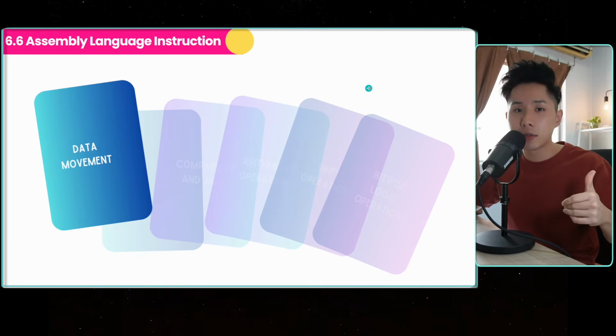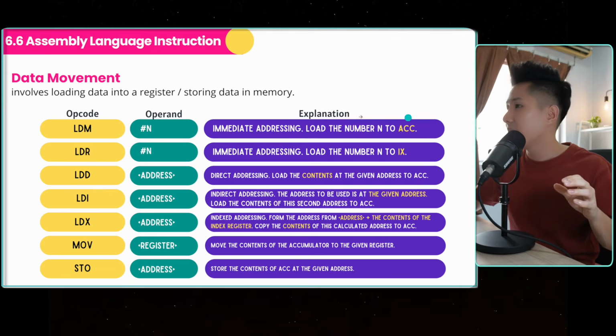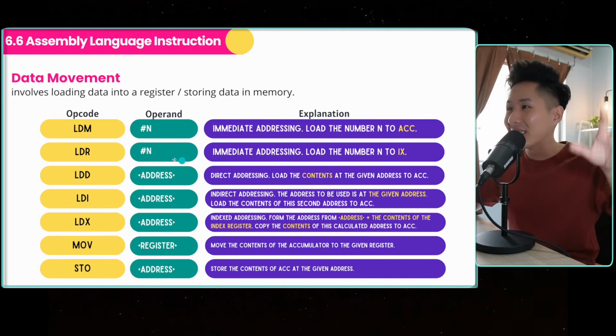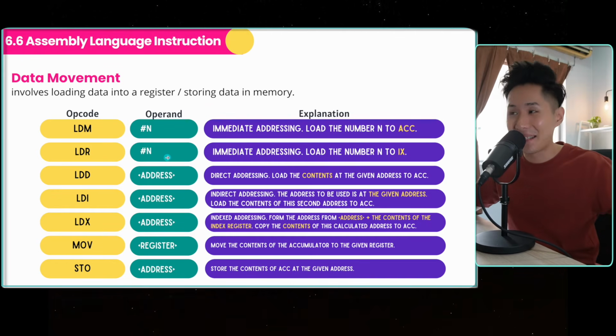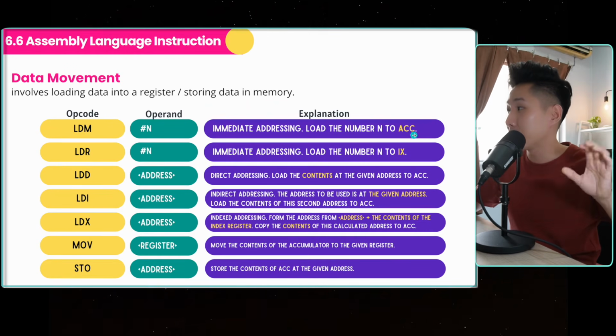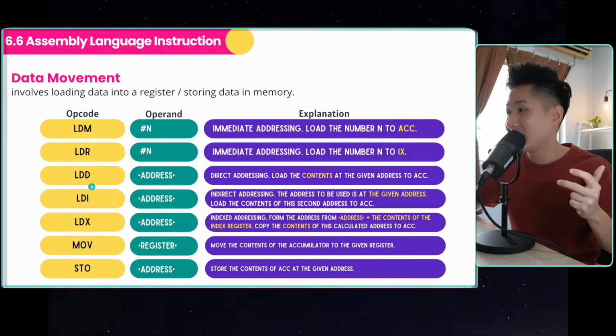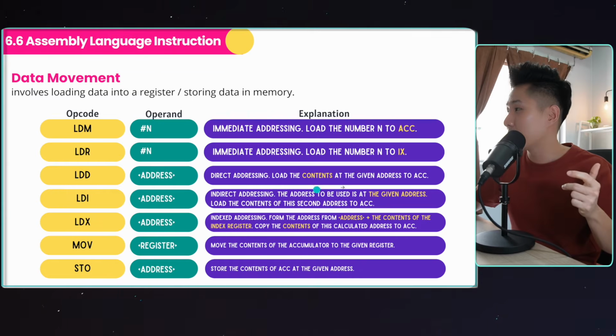So the first type of instruction is the data movement instruction. So we have a few instructions on data movement, all right? LDM, immediate addressing. LDR, immediate addressing, but instead of loading the value to ACC, it's loading it to the index register. LDD, direct addressing, load the content at a given address to ACC.